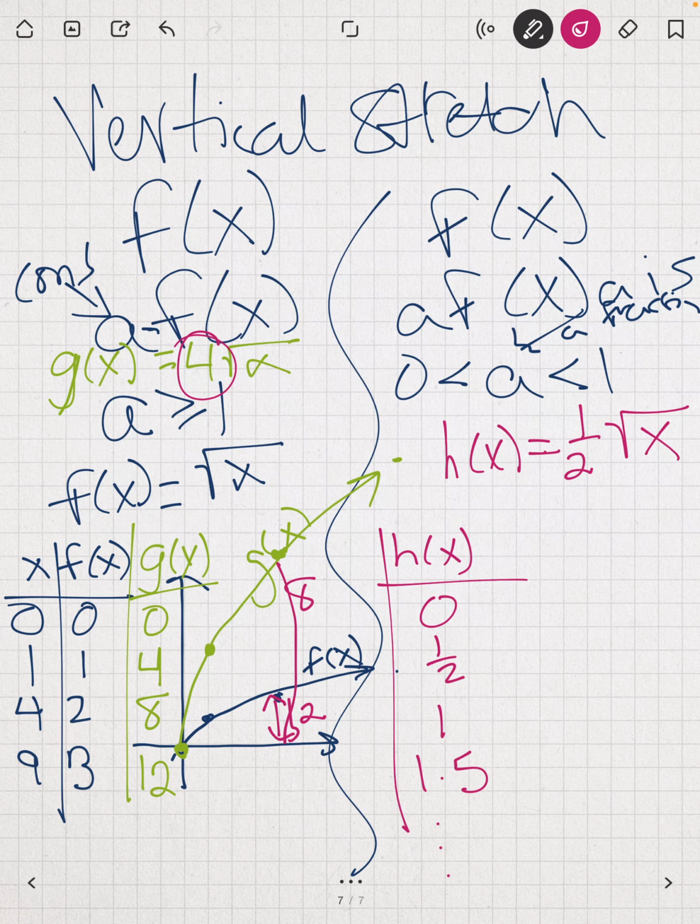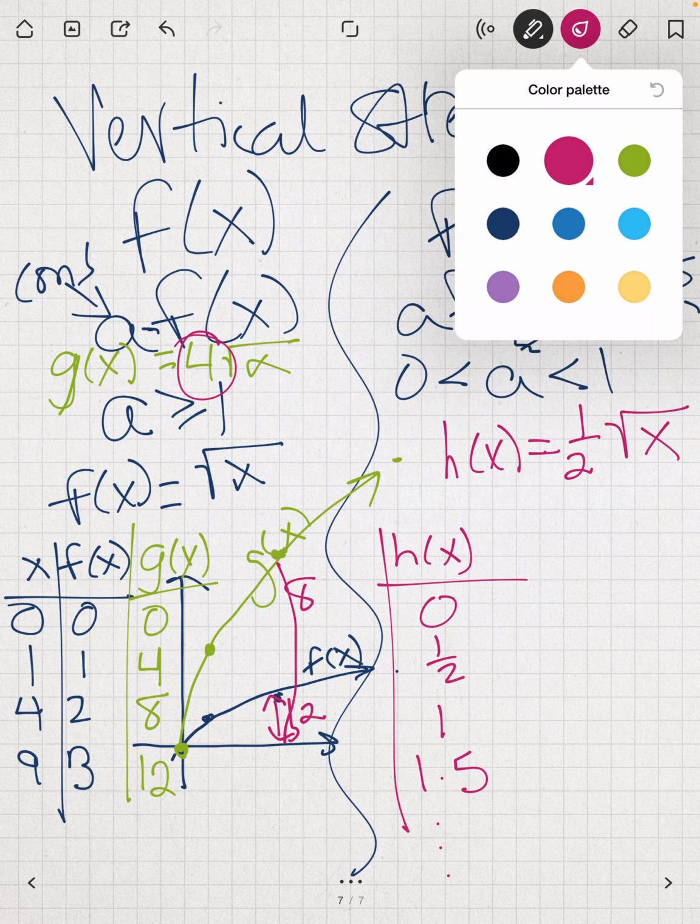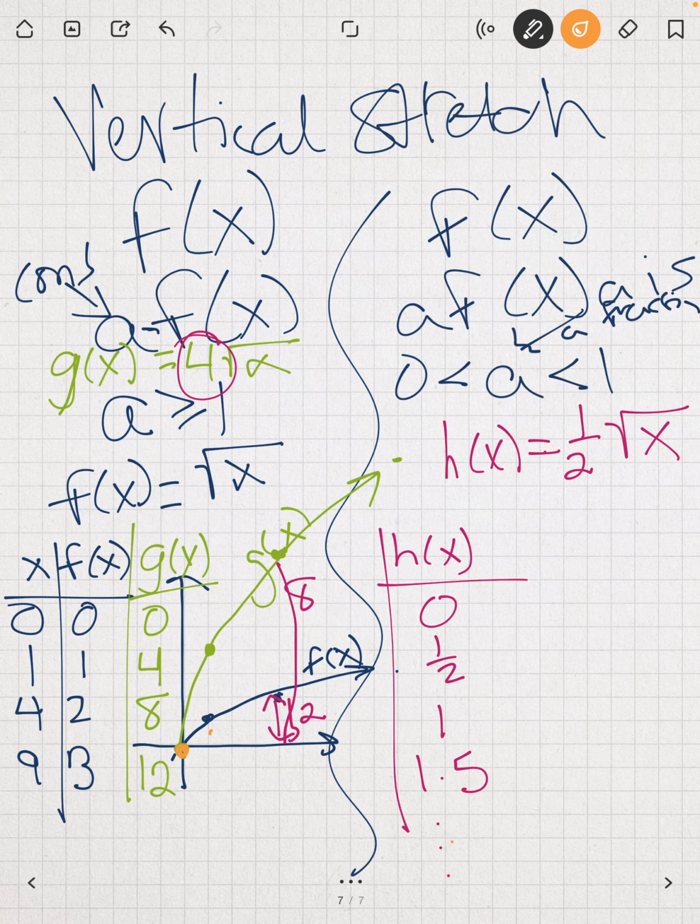And so if I were to graph that, I'm going to use orange for my graph. 0, 0, at 1, 1/2, at 2, 1, at 9, 1 1/2. That's our h of x. And so there, we could call that a shrink, because that distance of 2 was shrunk down to 1.